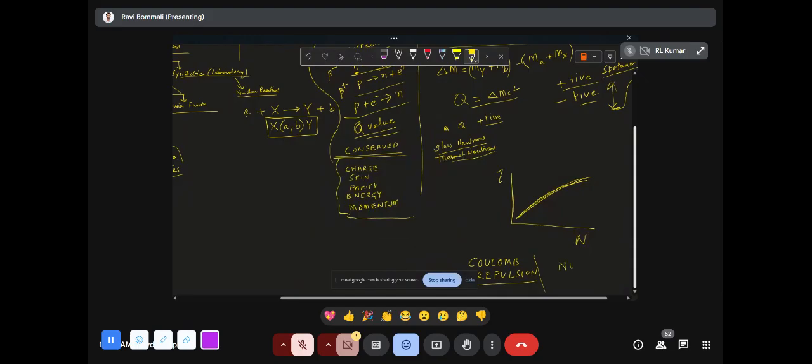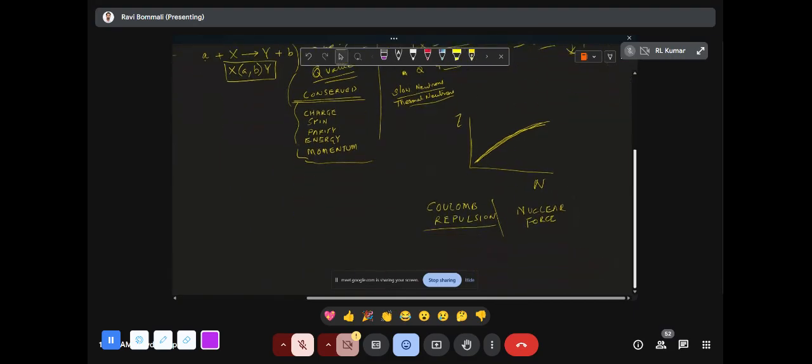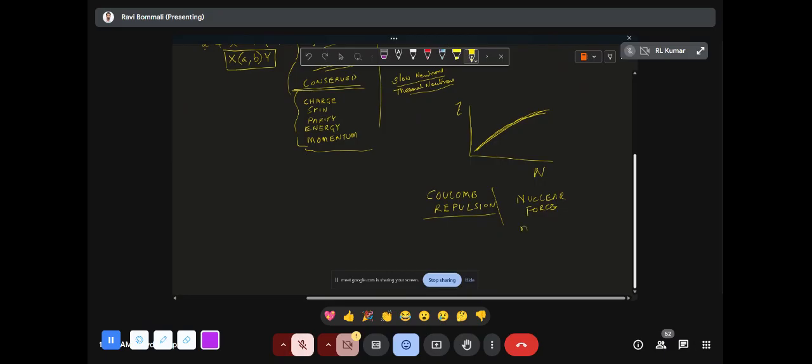It is the nuclear force, the cohesion, which is short ranged and largely similar between neutron-proton, proton-proton and neutron-neutron. It is not exactly similar, but it is of the same order of magnitude. So if you want the nucleus to remain stable, after a certain point you have to add more neutrons.